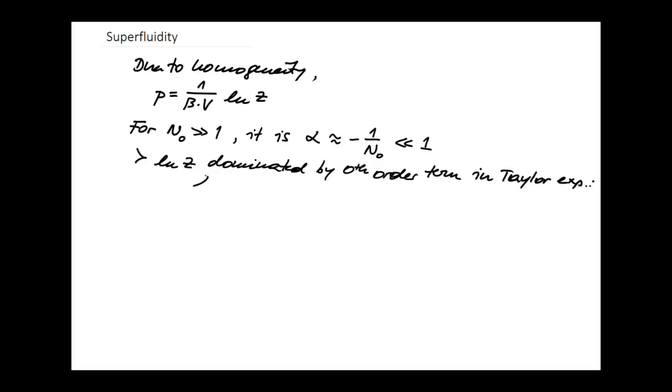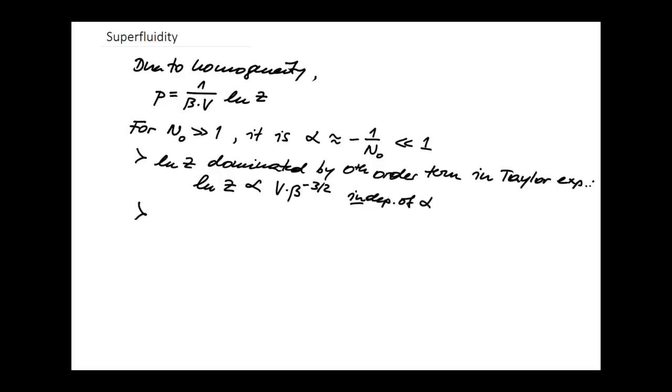So, in this limit, the log of the grand canonical partition function is simply proportional to volume times beta to the power minus 3/2, and it's independent of alpha.